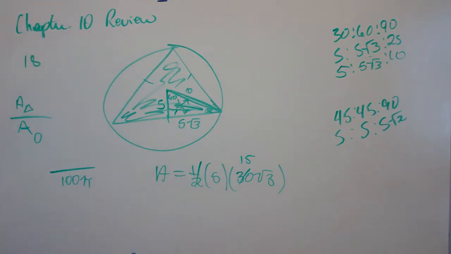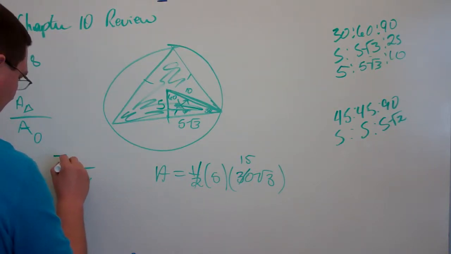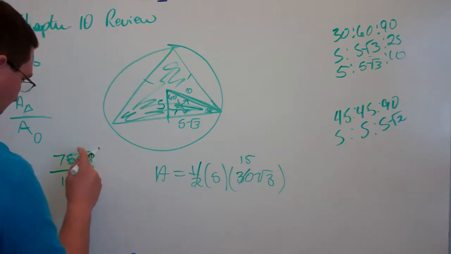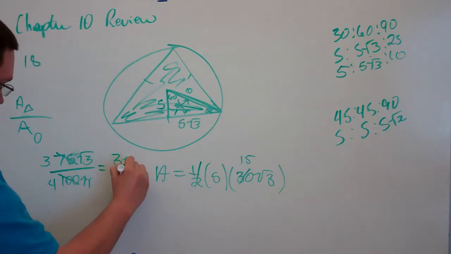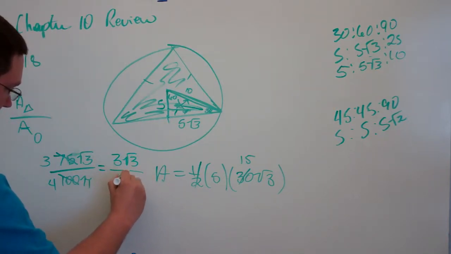So now, 5 times 15 is 75. So this is 75 square root of 3. Now, we can reduce this. If you take a 25 out of here, you get a 3. Take a 25 out of here, you get 4. So our final answer is 3 square root of 3 over 4 pi.